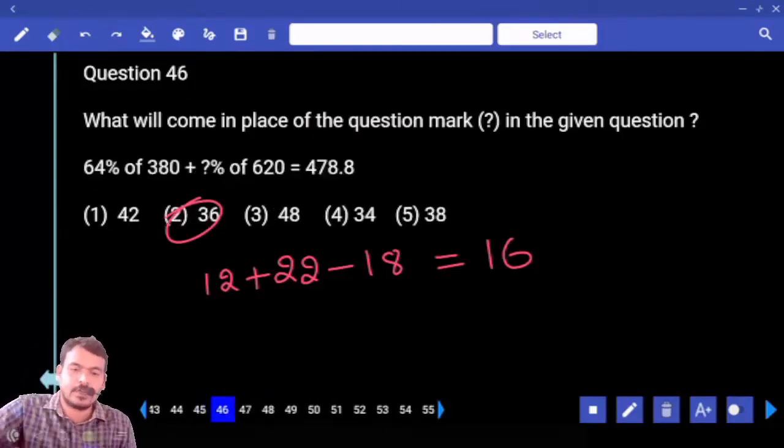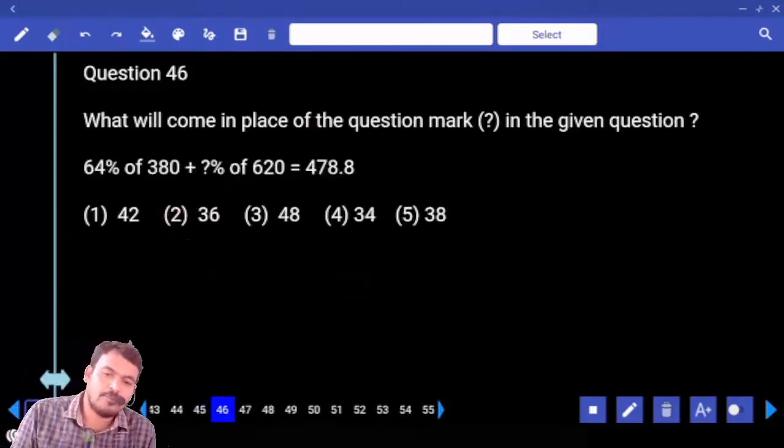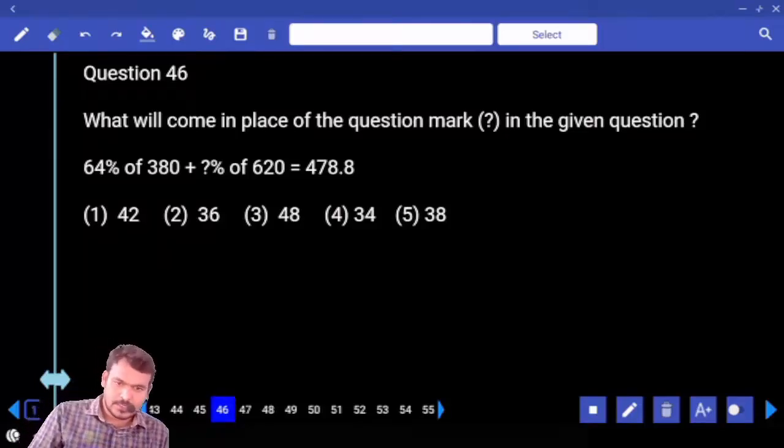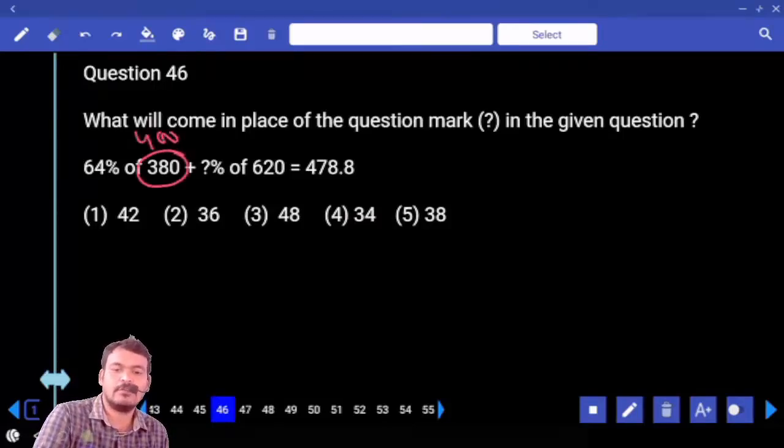Next question number 46. 64% of 380 plus what percent of 620, it is equal to 478.8 or not? Okay. First, 64% of 380. 64% of 380 means it is 50%, 10%, again 4% or not? Or 400% minus 20% or not?